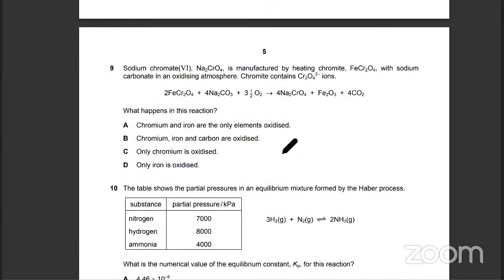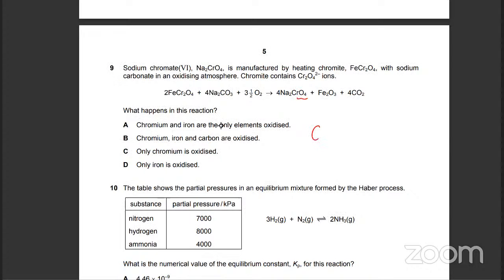Let's do the next one: what happens in this reaction? Is the oxidation state changing or not? I don't think it's changing. Here CrO4 is -2. We have to be careful. I think it is changing. Fe here, I think was Cr2O4. Here Fe is +3.